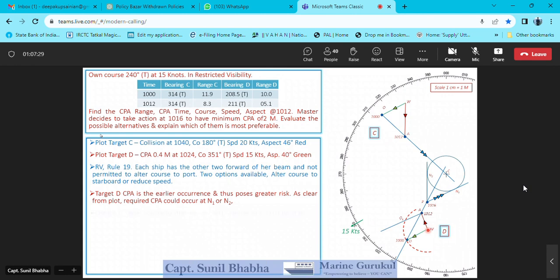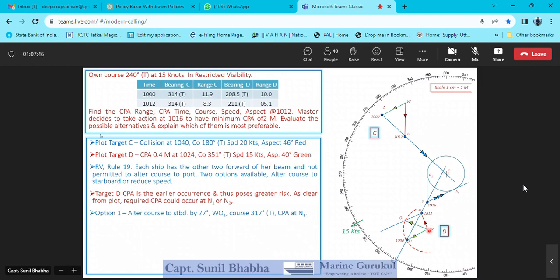Now we join W to Oscar 1. You can see the W to Oscar 1 vector coming up. Now this W to Oscar 1 gives us our first option.